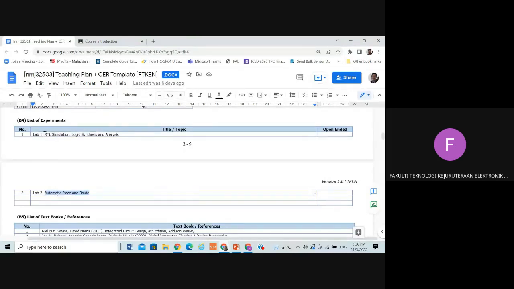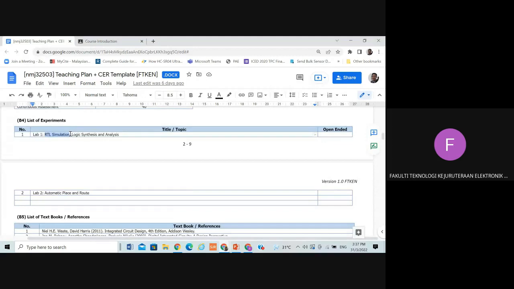So in lab number 1, you do RTL simulation to make sure your design, for example an adder, is working as expected. 2 plus 3 becomes 5, for example. So you will verify using RTL simulation. You will see the waveform using Synopsys.